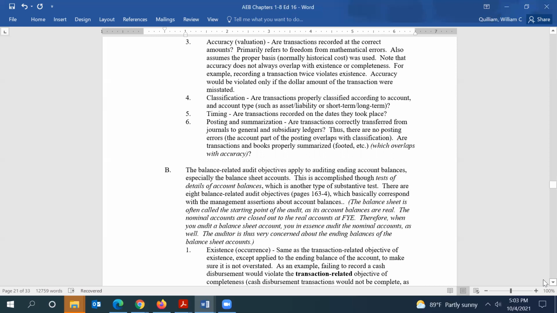Accuracy would be violated only if that dollar amount were something other than $1,000 that's recorded. So only if we messed up that dollar amount of the transaction. Does that make sense? Okay, cool.